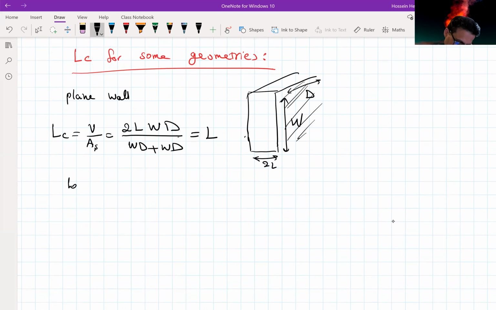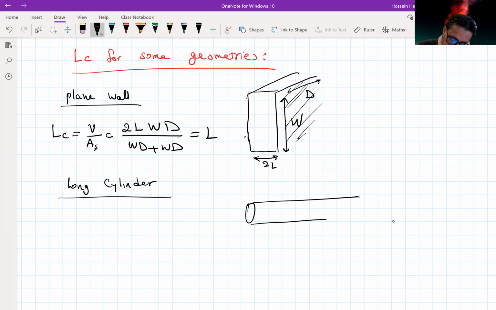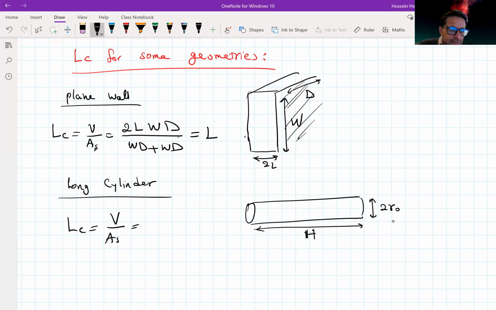Now for a long cylinder, let's say it has a radius of R0, or 2R0 as a diameter, and length of H. Then Lc is V divided by As, which would be pi R0 squared H, giving us the volume, divided by 2 pi R0 H. So we're going to get R0 divided by 2.